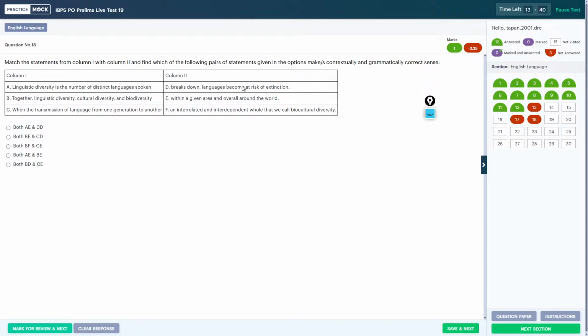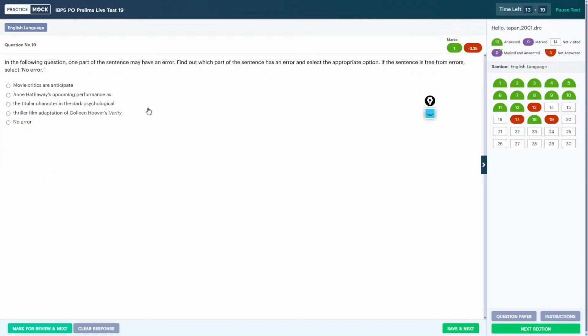Language breaks down when the transmission of language from one generation to another breaks down. So CD is going to be there. So AE or BE. So E, within a given area and overall around the world. Spoken within area. So AE seems to be perfect.